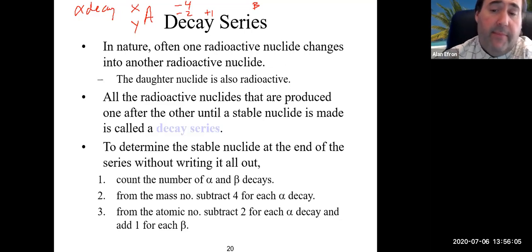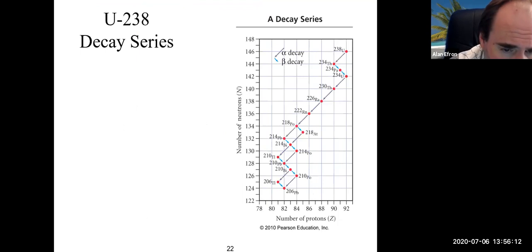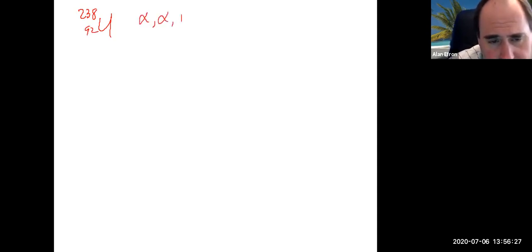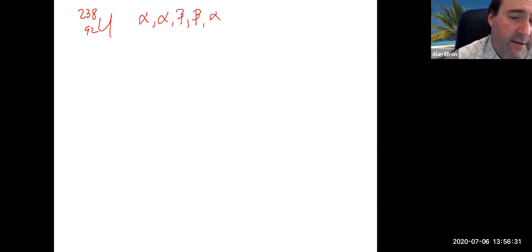You also could do it by doing individual nuclear reactions or equations like we did before. So let's just say we had uranium-238. And again, let's say it went through an alpha, alpha, beta, beta, alpha decay series.